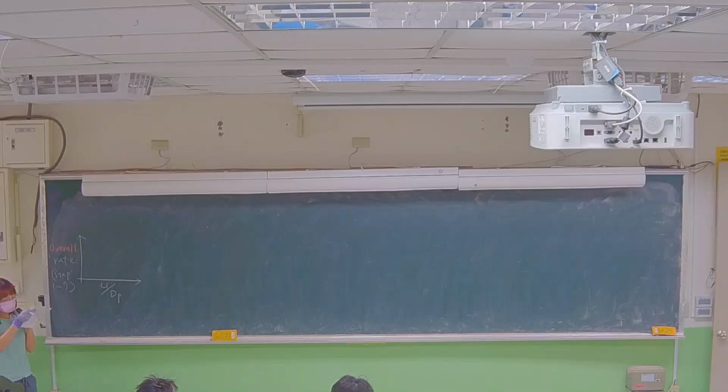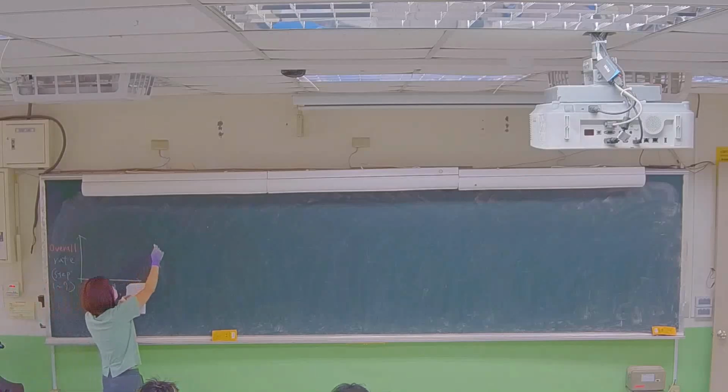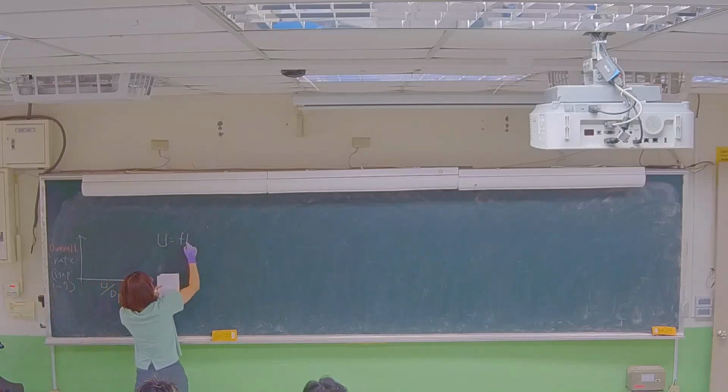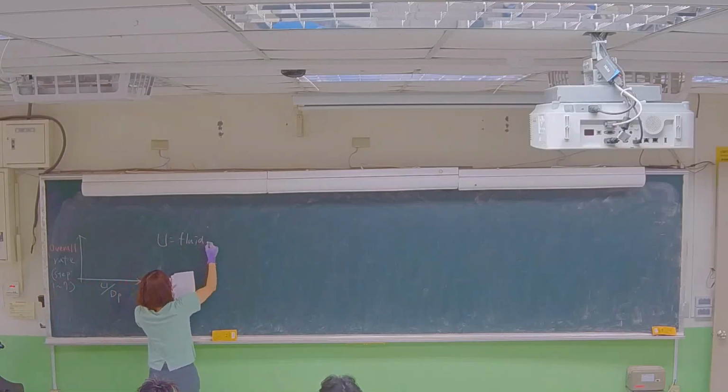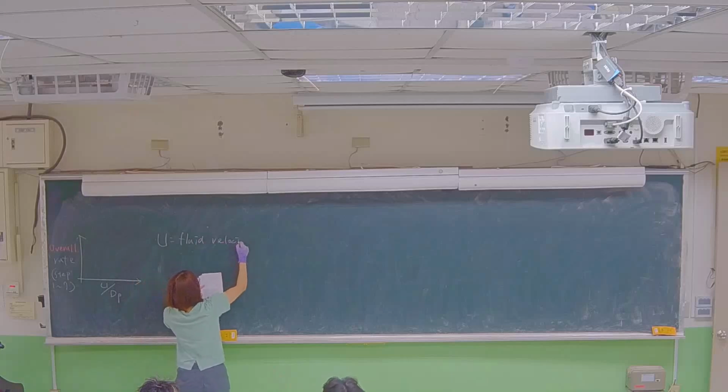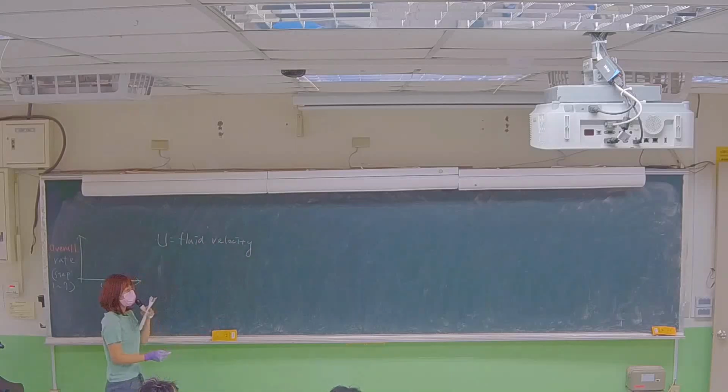U is the flow rate, or you can call it fluid velocity. That is the flow rate for the liquid.